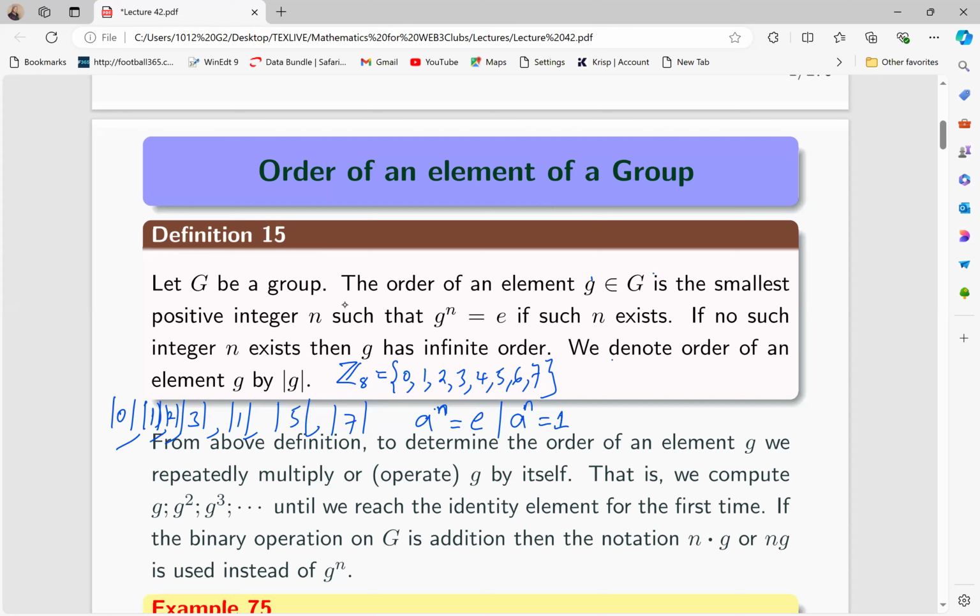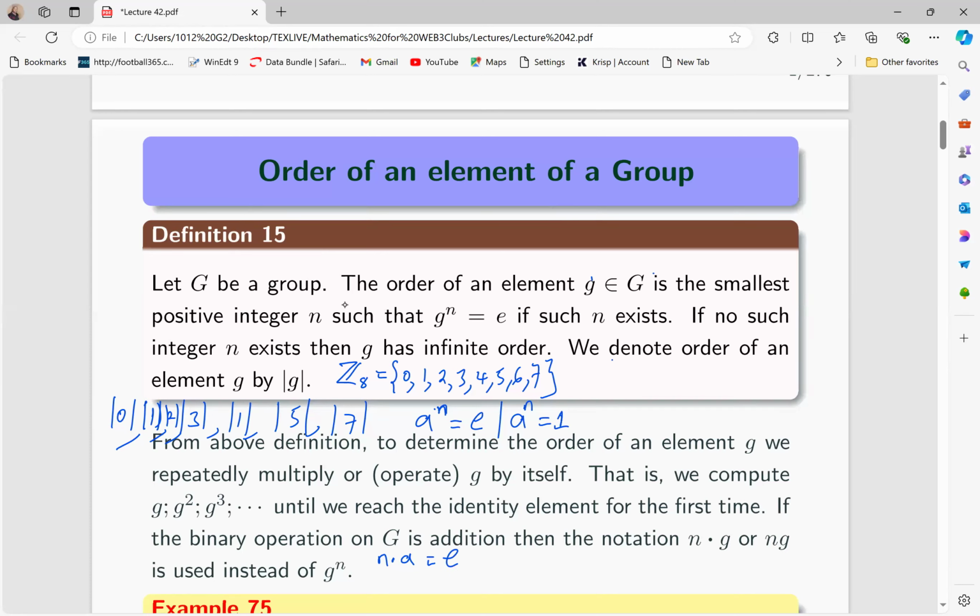Now, what we mean by that: if we have an element A of this additive group, and we are asking about the order of that element, then we are talking about the smallest integer n which, when multiplied by A, gives you the identity element.